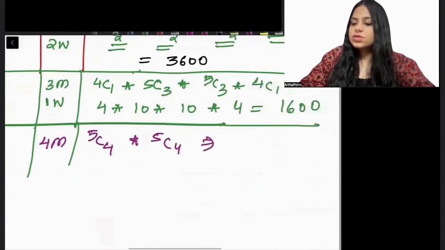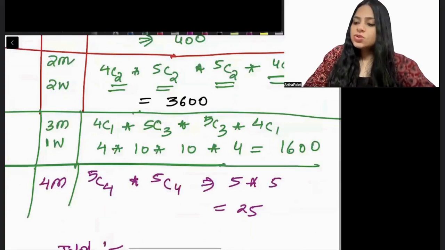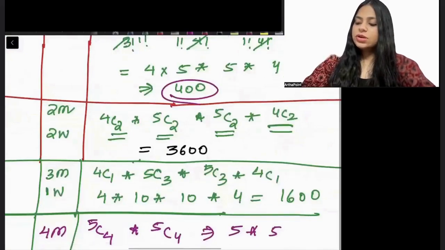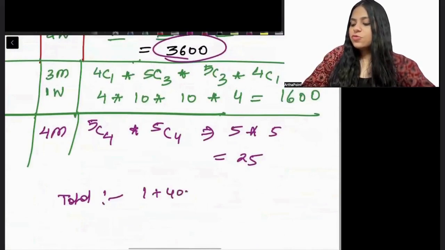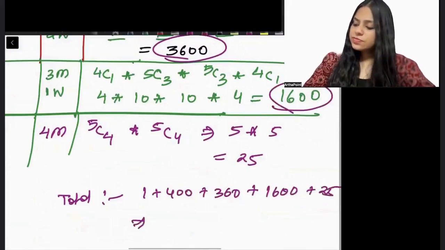So 5C4 is 5 into 5, 25. Now we need the total number of cases here. The total number of cases will be 1 plus 400 plus 3600 plus 1600 plus 25.